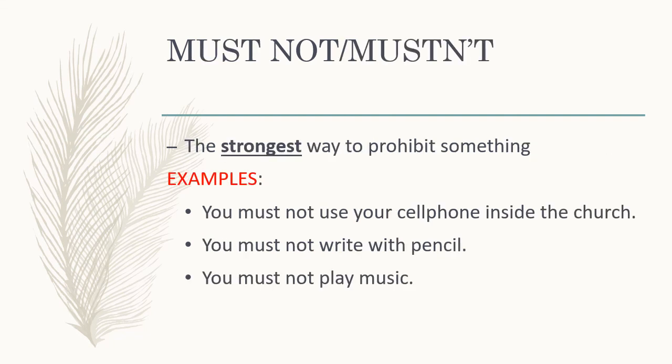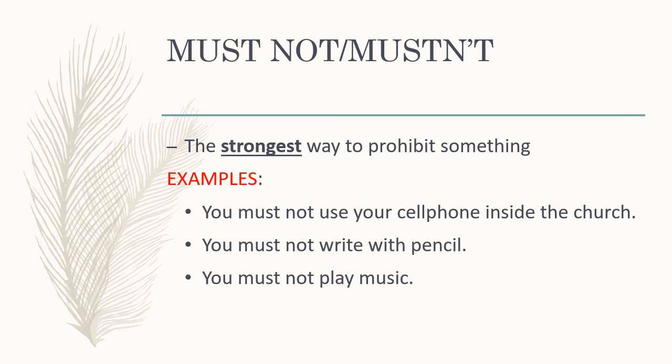Our last modal of prohibition is must not or mustn't. So among the three, the distinctive quality of must not or mustn't is that it is the strongest way to prohibit something. So in terms of intensity, must not or mustn't is the strongest.